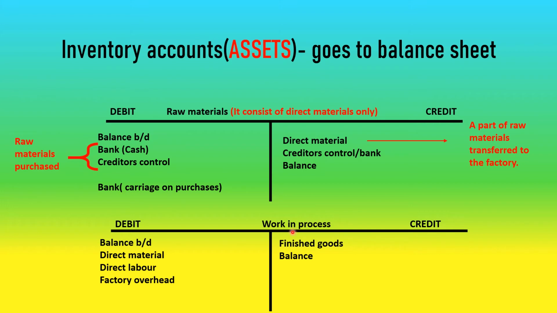So we remove it from the factory, and that's why it's on the credit side, because the value of goods in our factory is now decreasing. Then the balance that we have here is the value of inventory that is still incomplete and not completely manufactured.